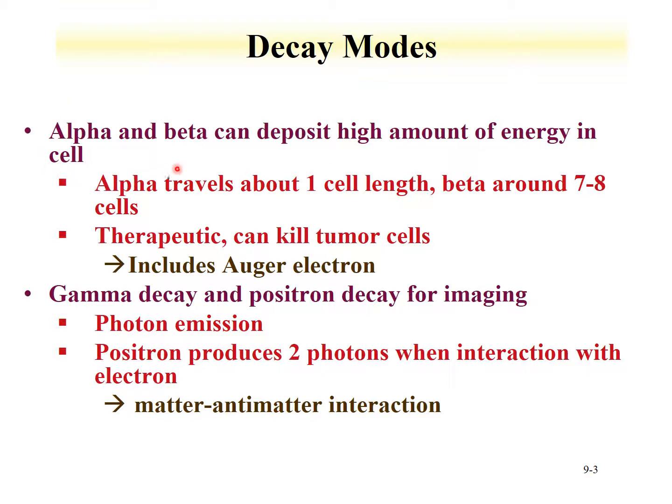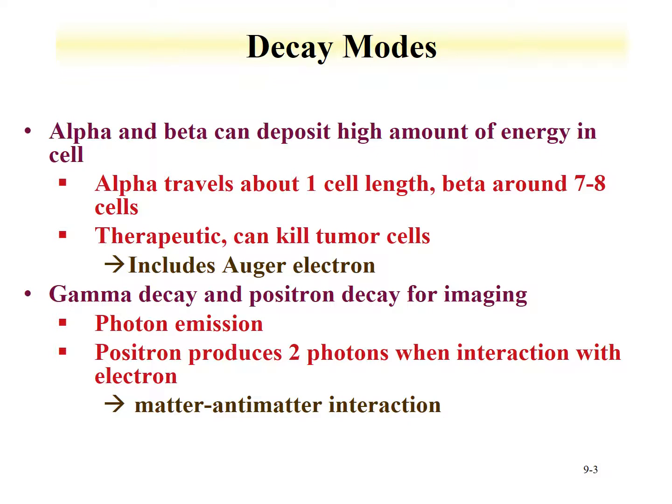However, alpha particles and beta particles can be used in therapy where they can kill tumor cells. Auger electrons, which we'll describe, can also have therapeutic capabilities. Gamma decay and positron decay are generally used for imaging. Both these result in photon emissions.